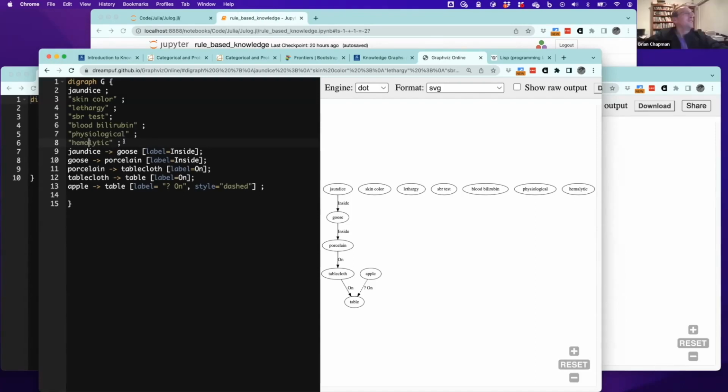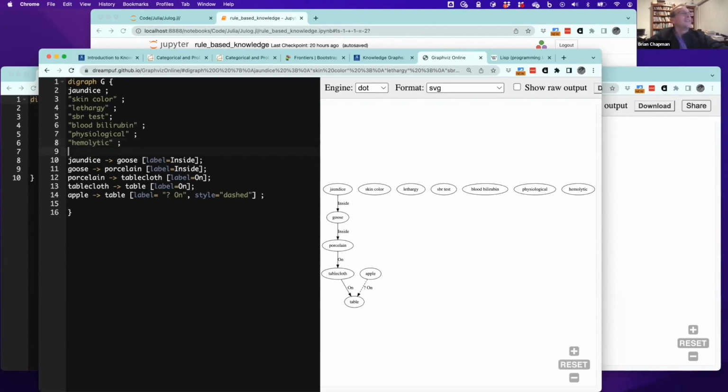All right. So now let's start drawing some of the edges. So we've got jaundice. I'm just going to put this in quotes so I'm consistent. When you were describing physiological versus hemolytic, that almost sounds like the subcategories of the jaundice. Would you have it as a subclass or would you have it as a cause of?